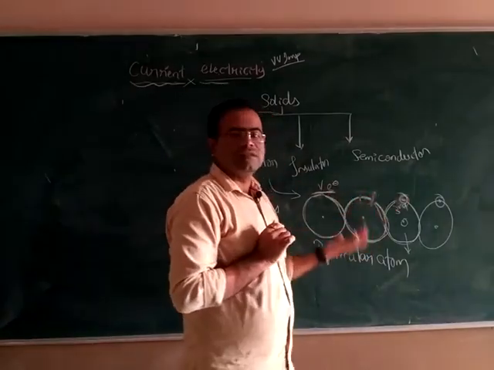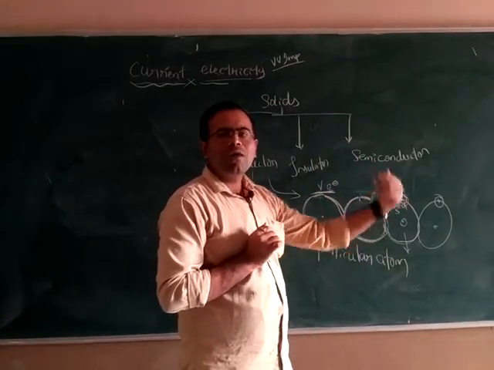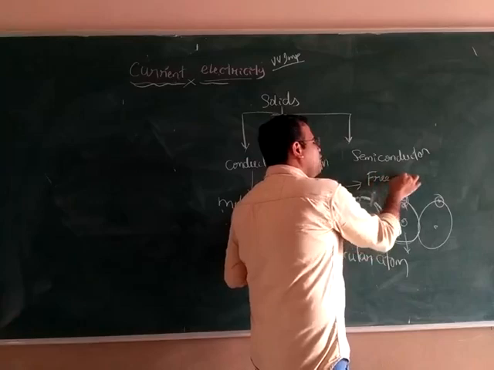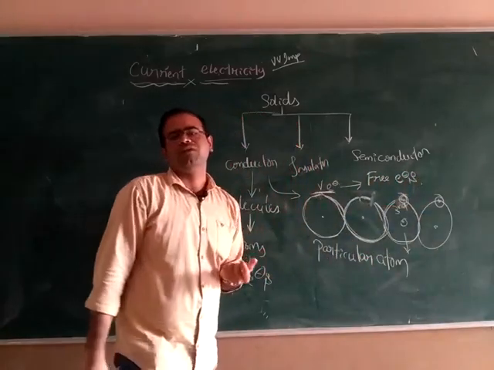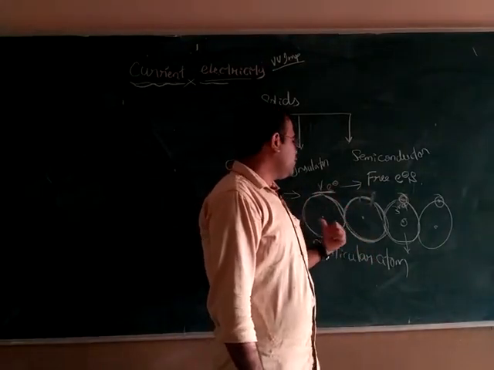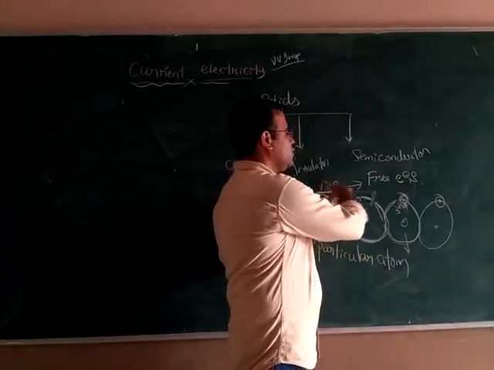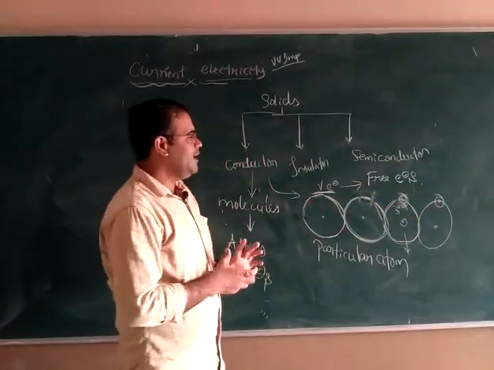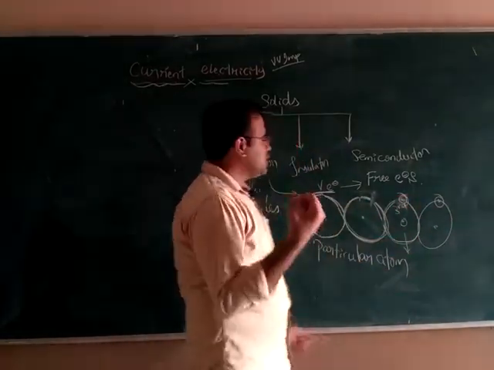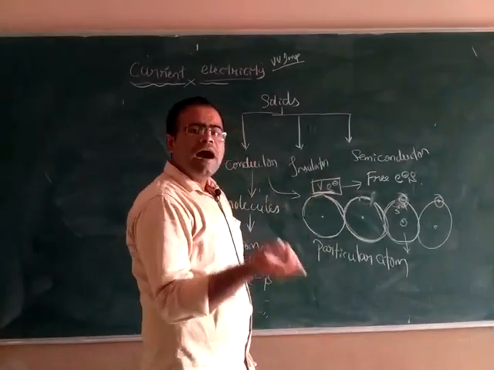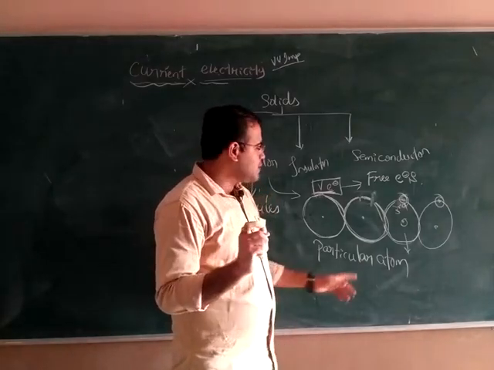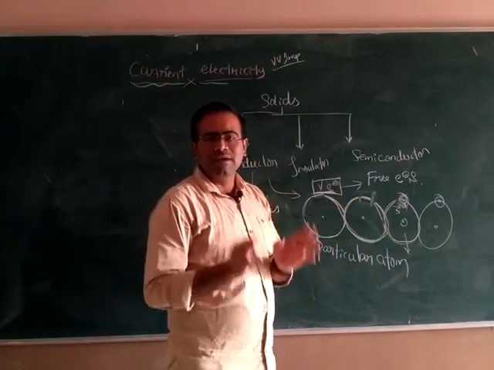So these valence electrons, which are capable of moving from one atom to another atom, are called free electrons. The reason for the name free electrons is that they are not fixed to one particular atom. We saw a valence electron shift from the first atom to the fourth atom. Similarly, a valence electron in the second atom or the third atom may shift elsewhere. Whichever valence electron you consider in conductors, it is not fixed to a particular atom. They do not have a fixed, particular atom for their valence electrons.